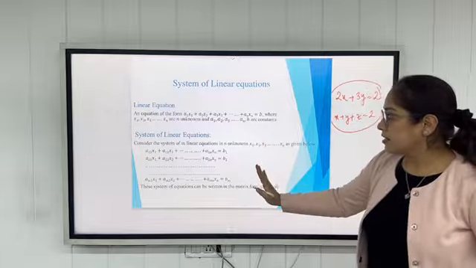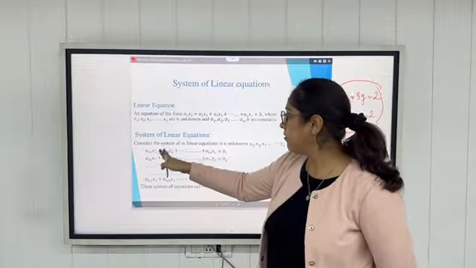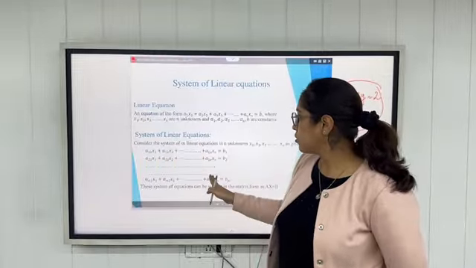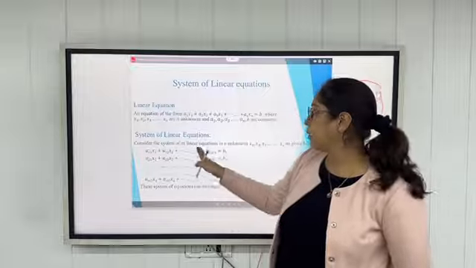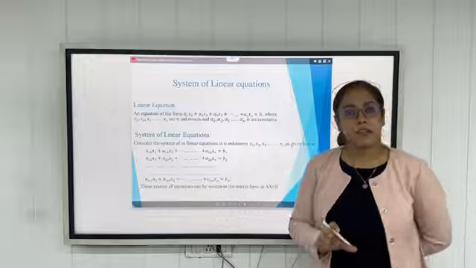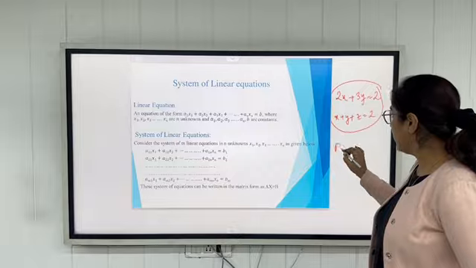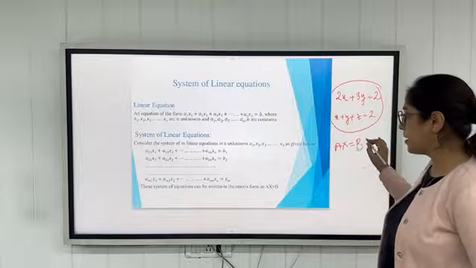In general, any system of linear equations can be written in this form, where a11, a12, a1n and so on are all constants and x1, x2, xn are the variables. Any system of linear equations can be written in matrix form as Ax is equal to b. How? Let's see here.